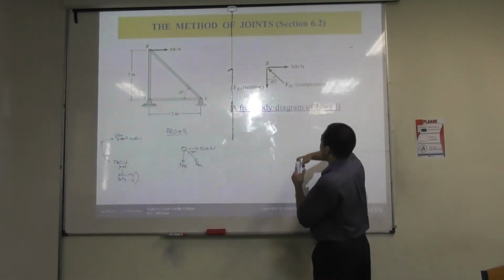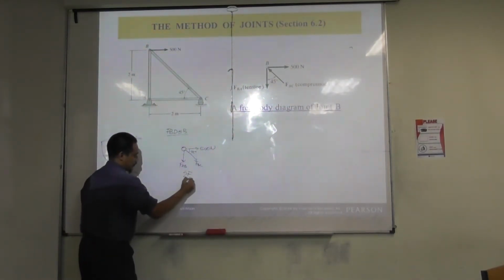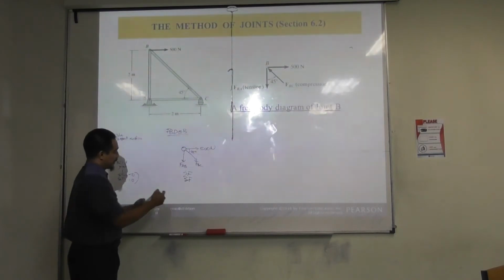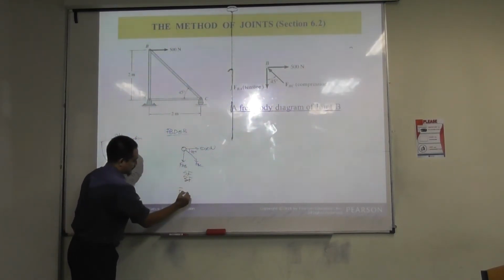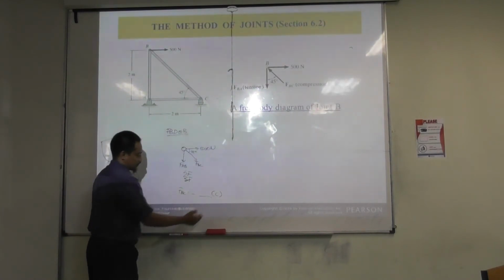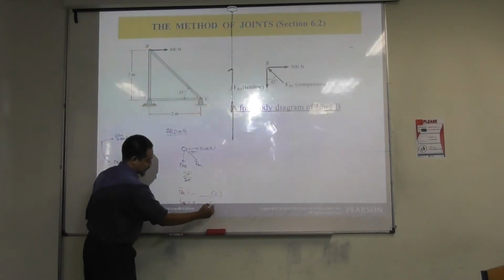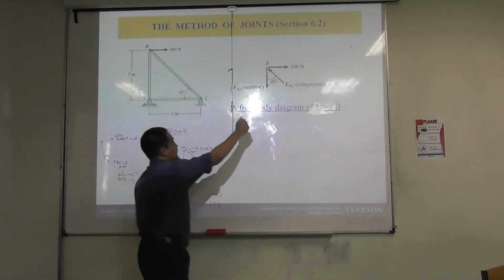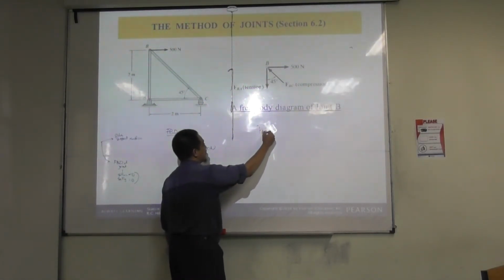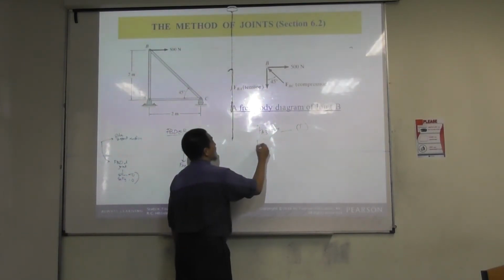But if you do it like this, in this case, when you do summation of Fx equal to 0, summation of Fy equal to 0, you will get FBC some negative value. Then you say it is compression, and then FAB you get positive, you say tension. If you do like this, FAB positive, it is tension.